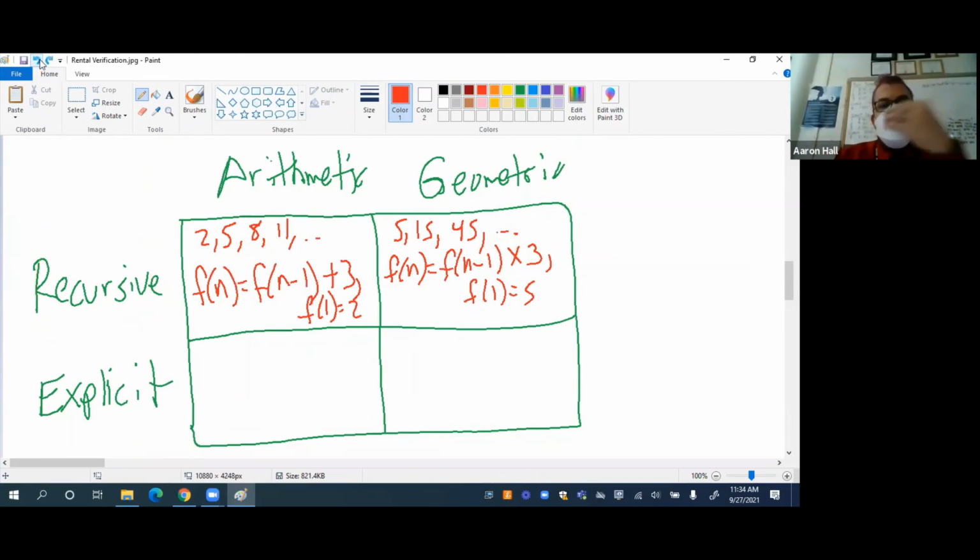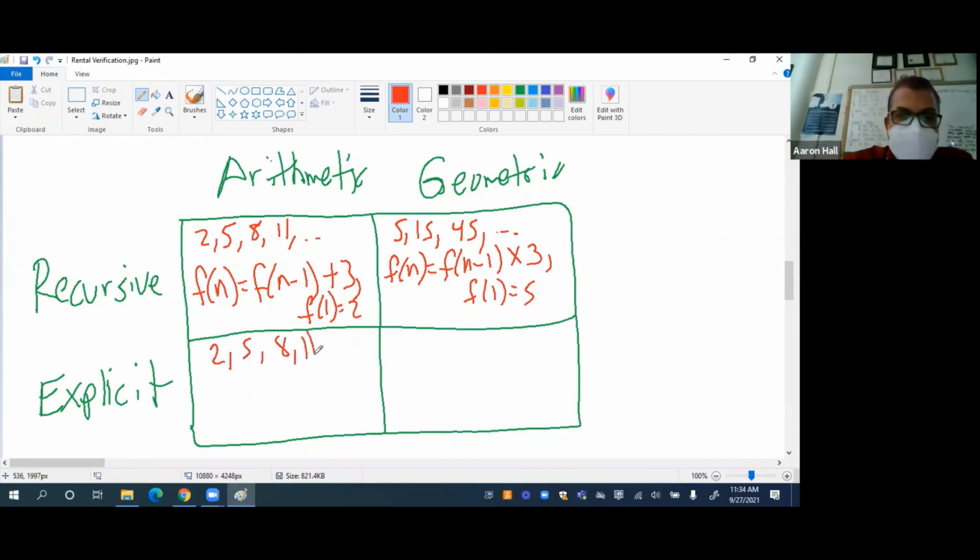Okay, let's do the same thing for explicit. If it's explicit, then we're doing the same sequence, 2, 5, 8, 11, because this is arithmetic. What is the explicit equation for this?